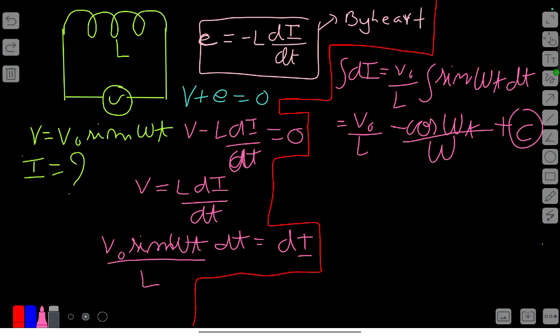So obviously we'll consider it to be 0. So what is the final thing that we get? We can get it as V naught by omega L.